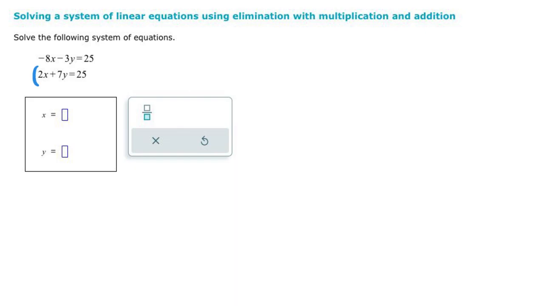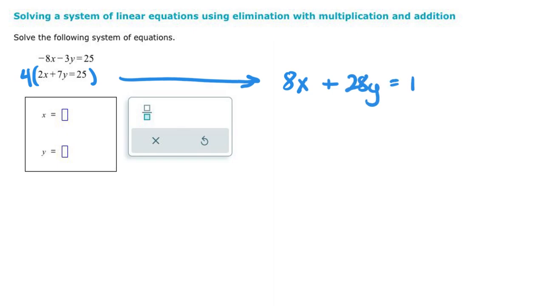How I show that is I put parentheses around the whole equation and put what I'm going to multiply by, and then I'm going to write mine over here where I have room. So 2x times 4 is 8x, plus 7y times 4 is 28y, and 4 times 25 is 100. And then my top equation, I'm going to leave exactly the same, but I'm going to rewrite it over here so it's all lined up again.